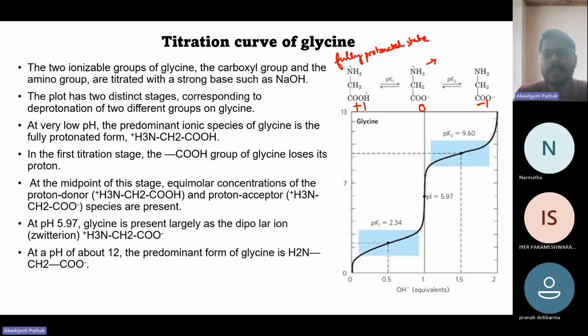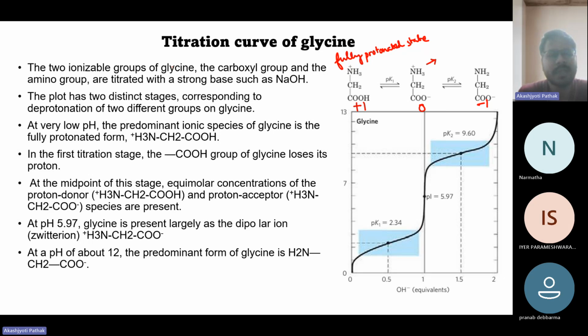So basically, which proton will be lost first or next will depend on the pKa of the group. The negative log of the dissociation constant will help you determine which group will lose its proton first.